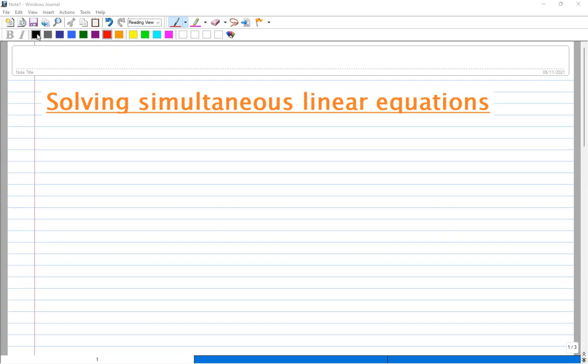So for our lesson of today, we are going to look at solving simultaneous linear equations. We are going to be using different methods, and the first one will be the graphical method. Here we are going to be using the graph.